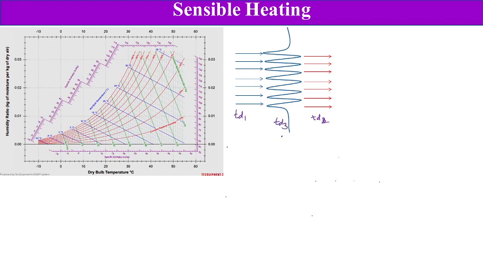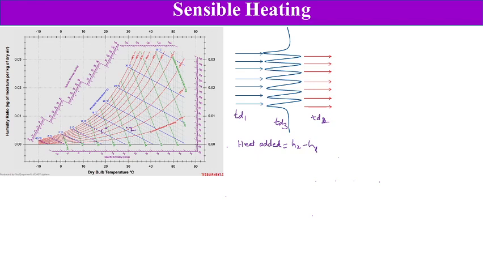Now we can see here the amount of heat added is equal to H2 minus H1. As we have shown here, point 1 and point 2, H2 minus H1 is the amount of sensible heat added.